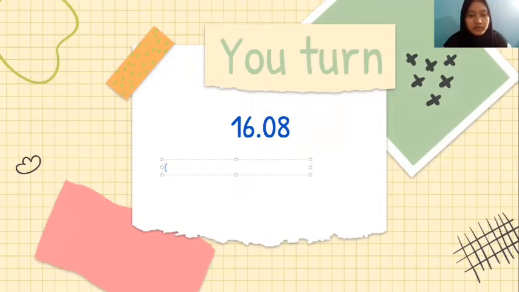First, you can write 1 times 10 plus 6 times 1, all brackets, plus 0 times 0.1, all brackets, and plus 8 times 0.01.